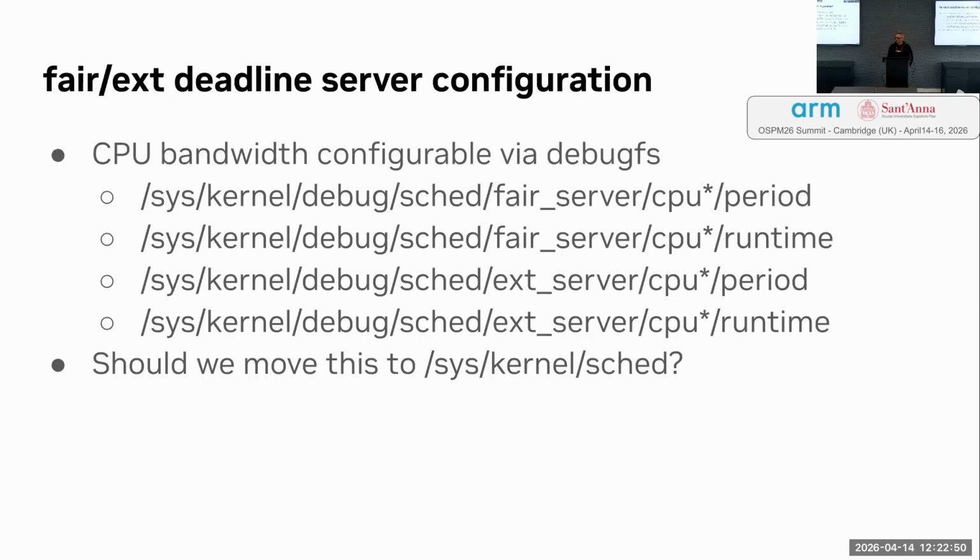And with SCX it's even more tricky, because fair takes care of the bandwidth that you define in cpu.max. But if you load a BPF scheduler, that doesn't work anymore, of course, because it's replaced by SCX. So it's up to the BPF schedulers to implement the semantics of what you put in cpu.max.